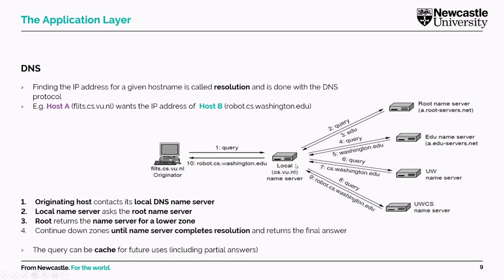So you can think of the local name server returning the IP for the name server up the hierarchy, and then the originator will go through these different iterations until it finally gets to the desirable IP address of host B. Is that clear?